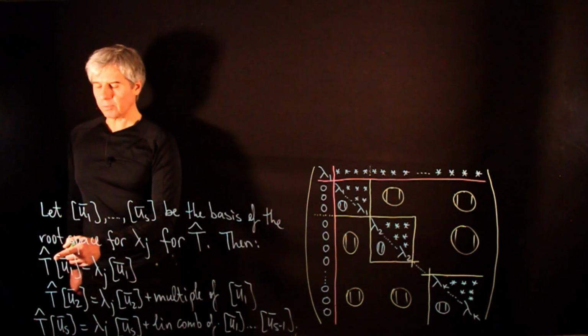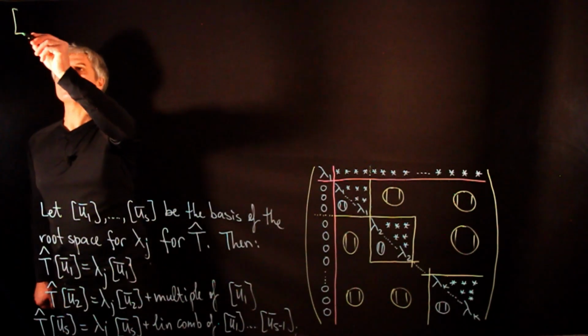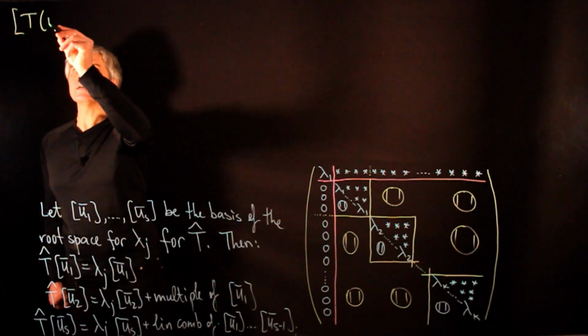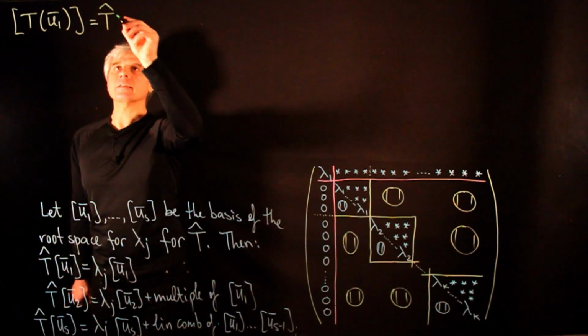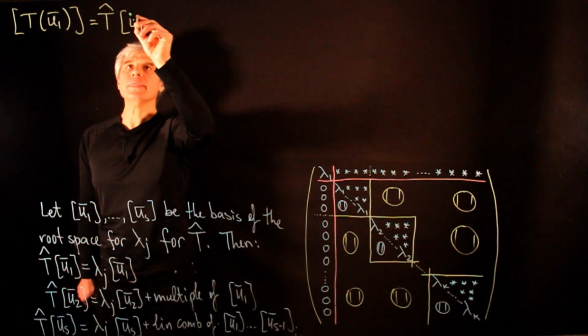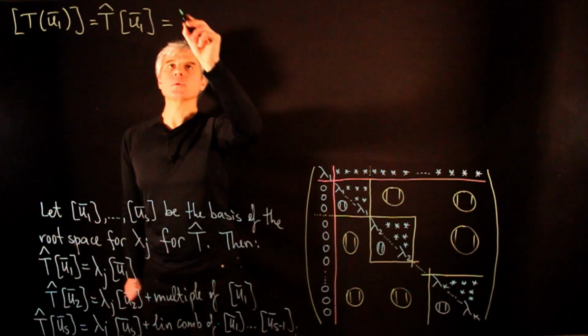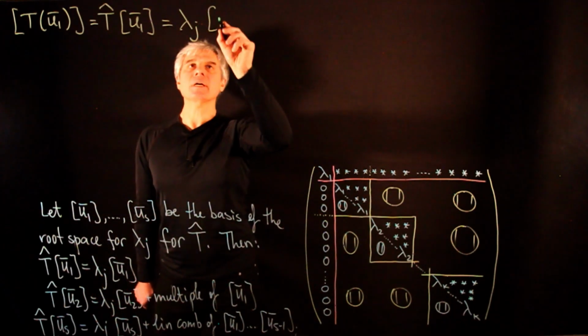By definition of operator T hat, we have that the class of T of u1 is equal to T hat of the class of u1 and is equal to lambda j times the class of u1.